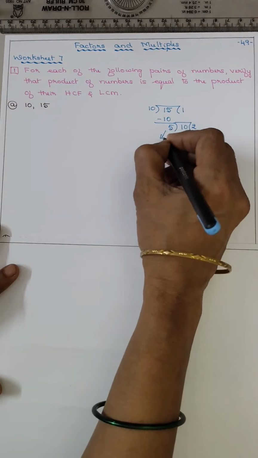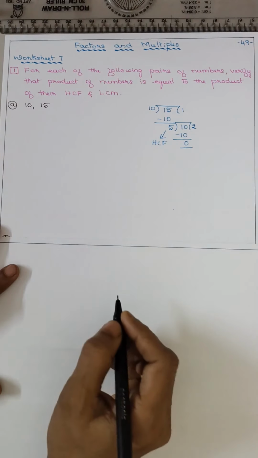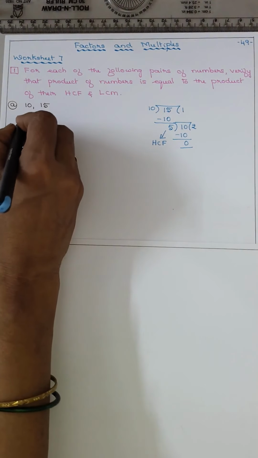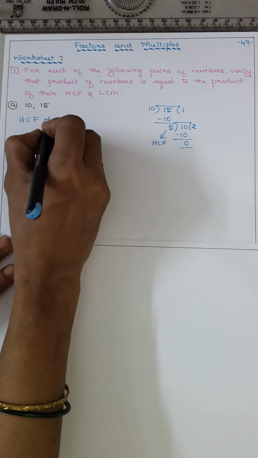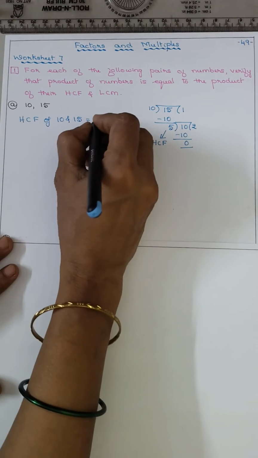So which is the HCF? It is 5. So you write HCF of 10 and 15 is equal to 5.